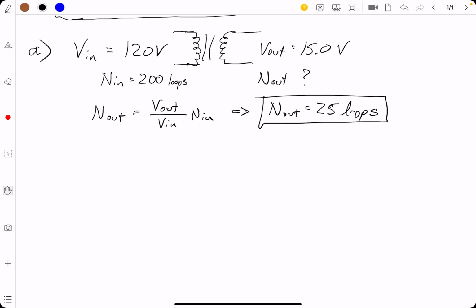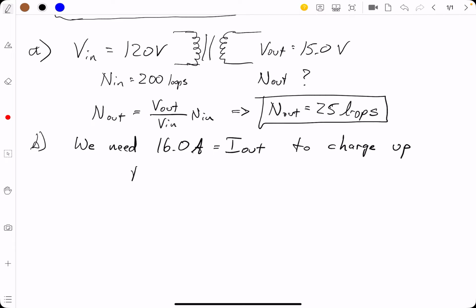B. If we need to have 16.0 amps out, so 16 amps equals our current out, a lot of current to charge up the batteries, what is I in?